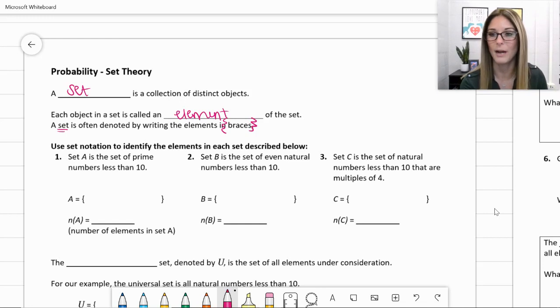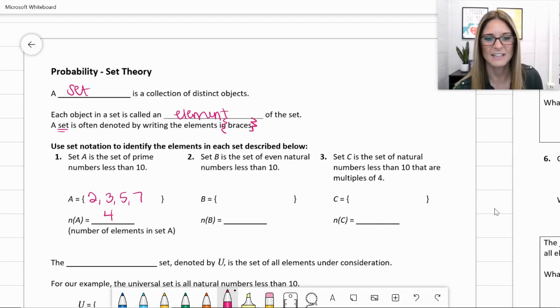So let's list those out. Prime numbers being any number whose multiples are 1 and itself. So 1 does not count. So 2, 3, 5, and 7 would be a list of prime numbers less than 10. n of A, there are 4 elements in set A. Let's look at number 2.